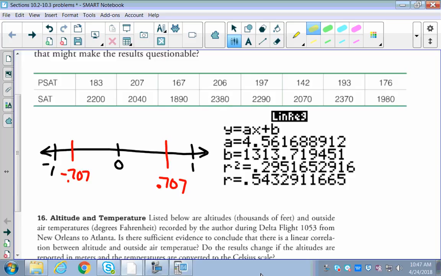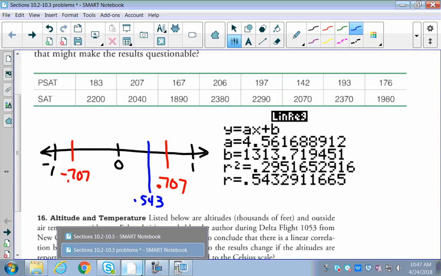Okay, and then it's not, because my R value, forgot that part, see? So good thing we're reviewing. So my R value came up to be 0.543. So 0.543 is inside that, right? So it's not a good model.